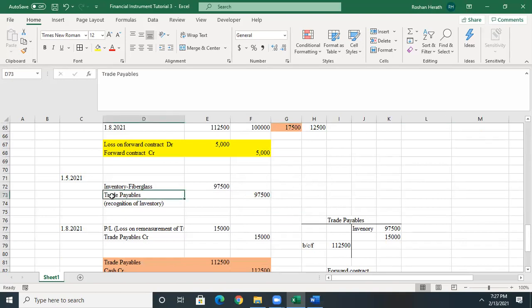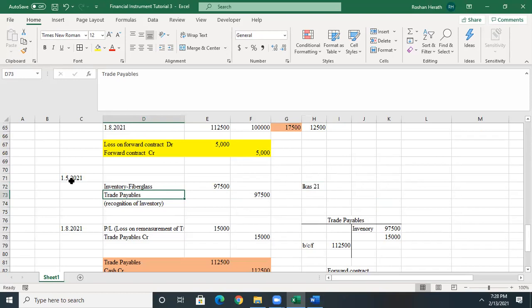Again, when it comes to this asset, the applicable standard is LKAS 21. It's about the effects of foreign exchange rates. As per that, you need to remeasure the monetary asset at the reporting date as well as the maturity.